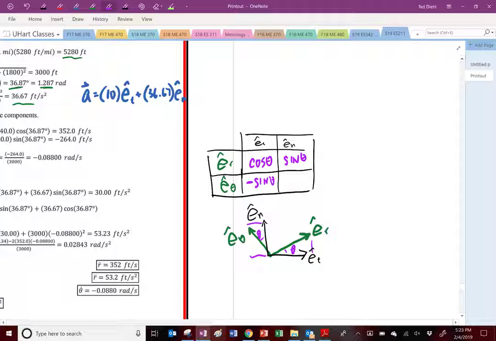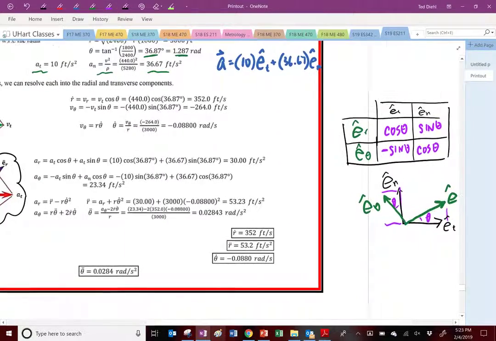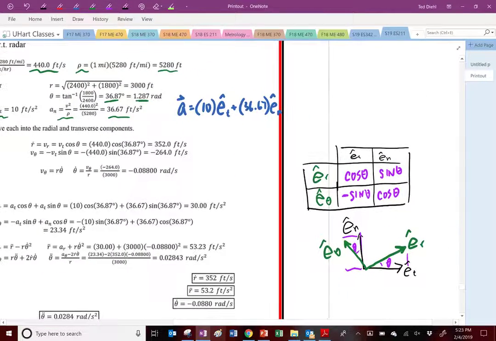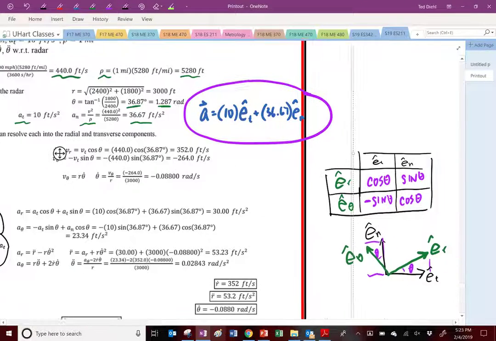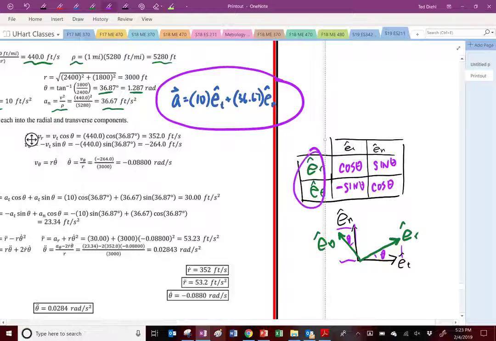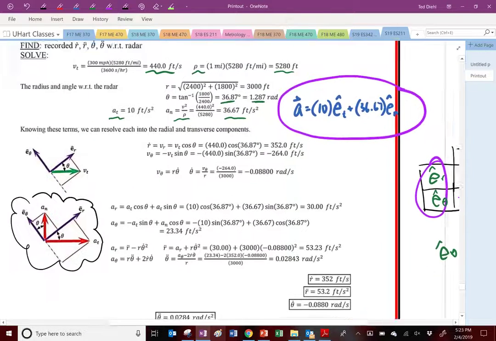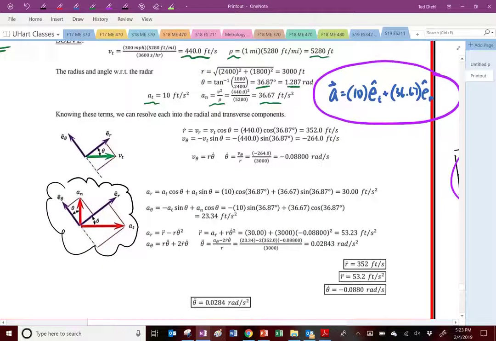And then similarly right here, it's going to be the positive cosine right there. So there's your transformation matrix, and what we could do is apply it right up to this guy up here, and turn these into E_r and E_theta coordinates. But I've done it just by piecing it together.